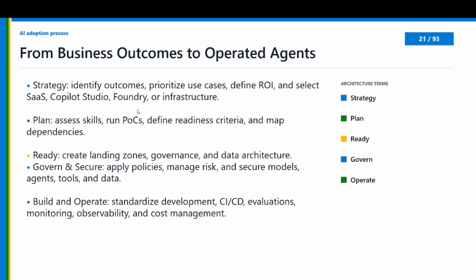Select Foundry if you want to build multi-agent and custom agents that will be deployed on Azure, on Kubernetes, or Container Apps, or Container Instances, and so on and so forth. And then also strategically choose your infrastructure and design strategically. Very, very important. This is what you should look at in your strategic decision making.